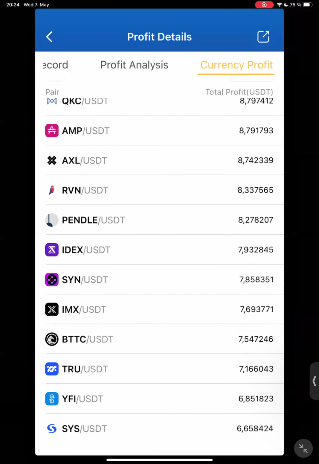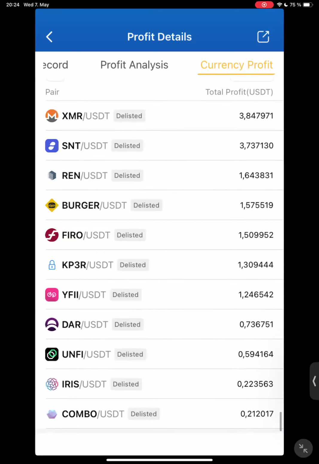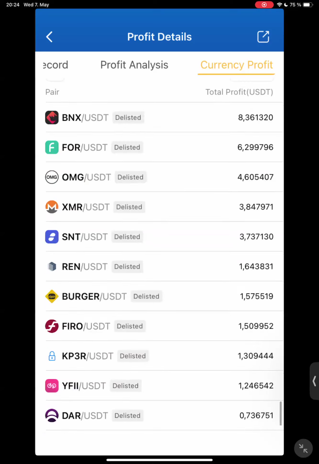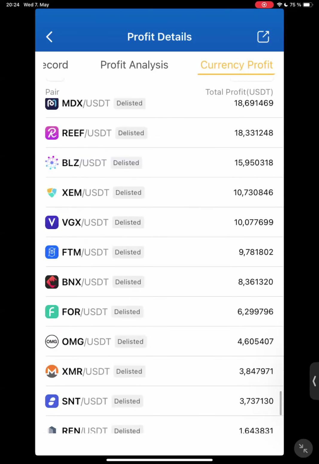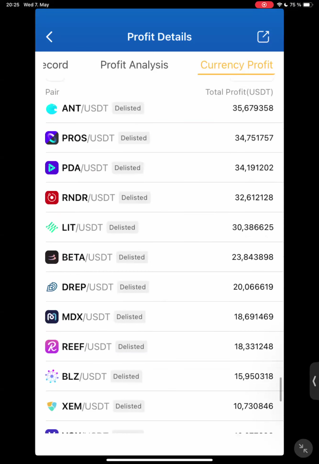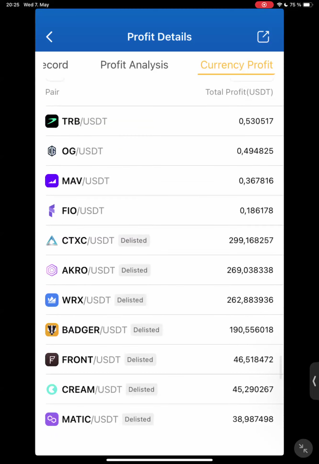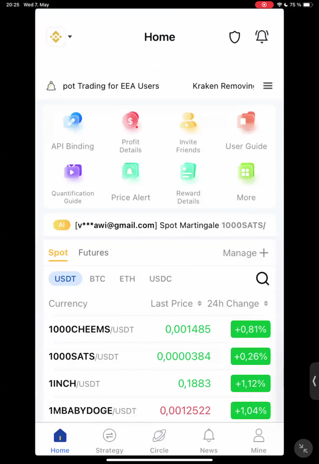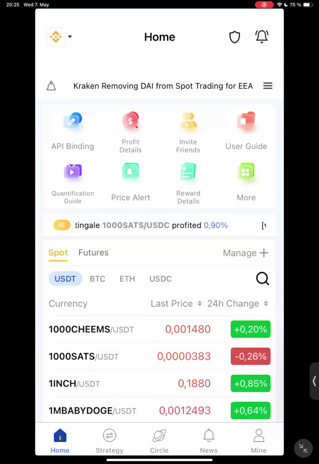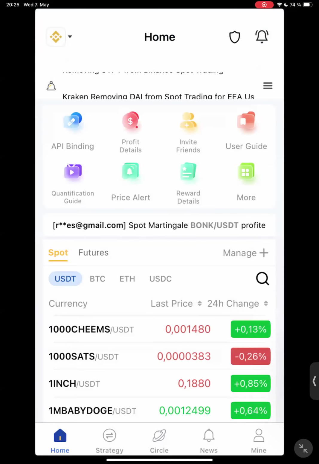It doesn't hide any info. Even if the coin was delisted, you will still see the profit that you made from it. All right, so let us move out of this and go back. So that is the profit details. That is where you would see your profit from your trading.